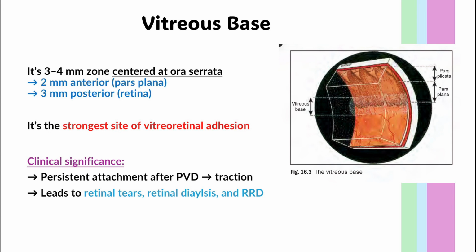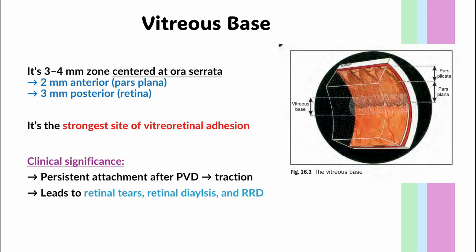Now, the vitreous base is a 3 to 4 millimeters wide circumferential zone that actually straddles the ora serrata, meaning that it's centered at the ora and it extends on both sides. So it extends about 2 millimeters anteriorly into the pars plana and 3 millimeters posteriorly into the peripheral retina.